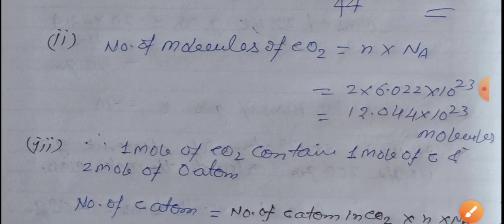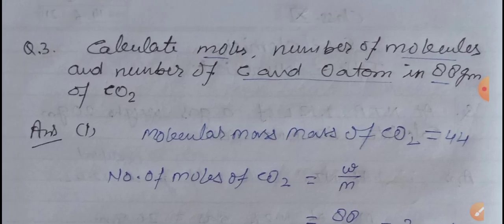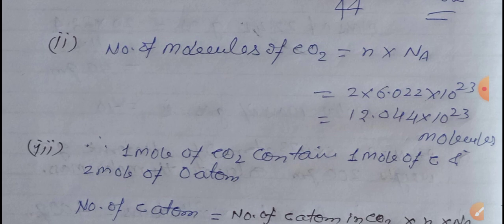Next, the third part is to calculate the number of carbon and oxygen atoms in 88 gram of CO2, that is in 2 moles of CO2. First we need the number of carbon and oxygen atoms in 1 mole of CO2. 1 mole of carbon dioxide contains 1 atom of carbon and 2 atoms of oxygen.